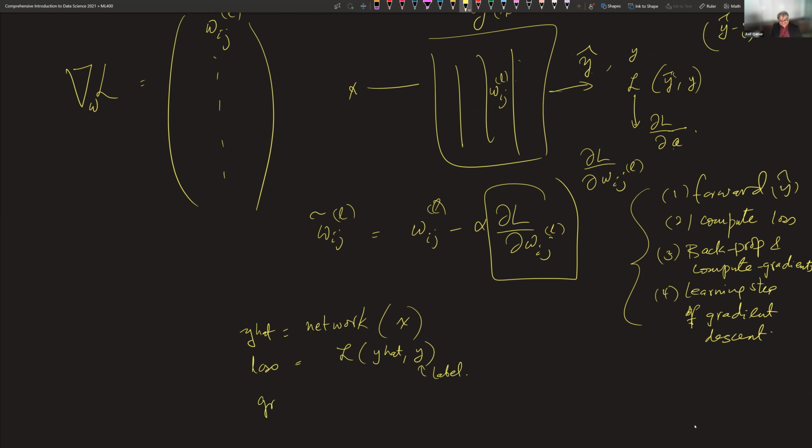Then you compute the gradient, and then you do the step. Literally, the method is called step. And the other method is just called backward. Backward computes the gradients, and then step learns.